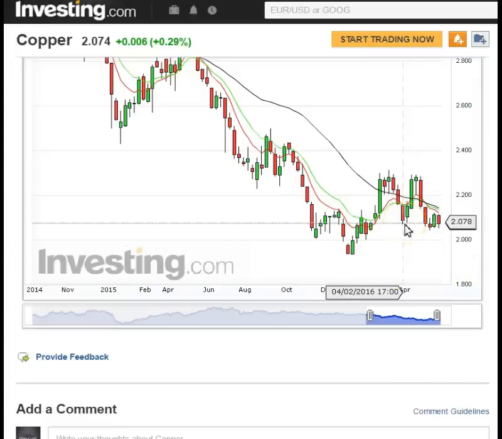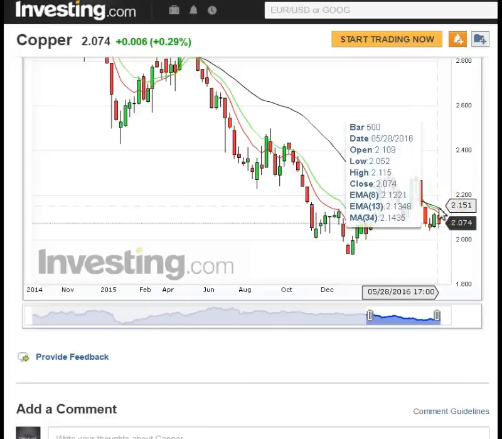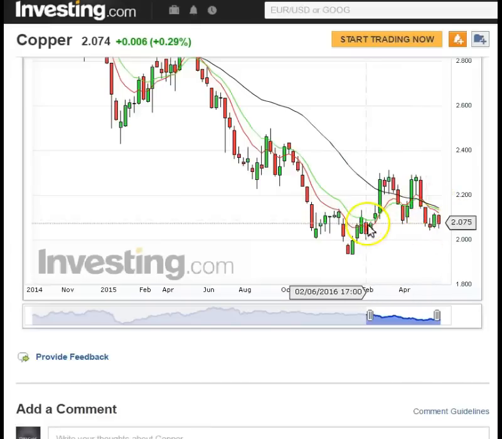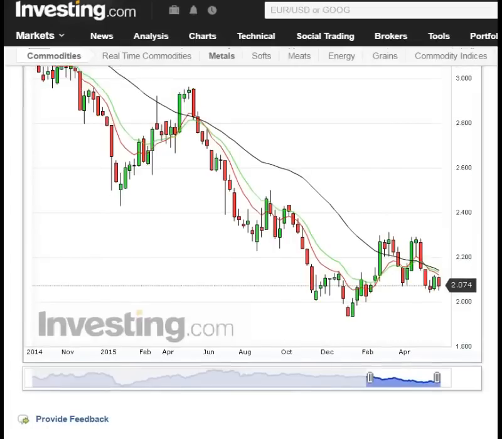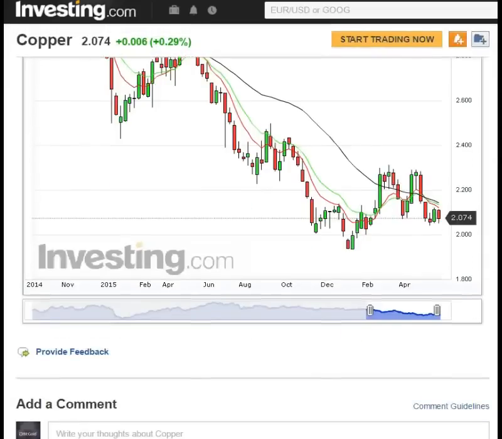Definitely want to close the week out above previous lows, and definitely above, let's call it 215. But copper doesn't move that much, so I don't see that happening. Anything could happen, but see.